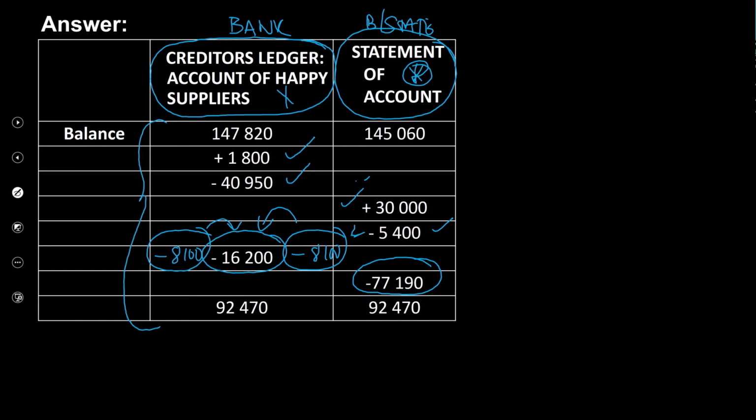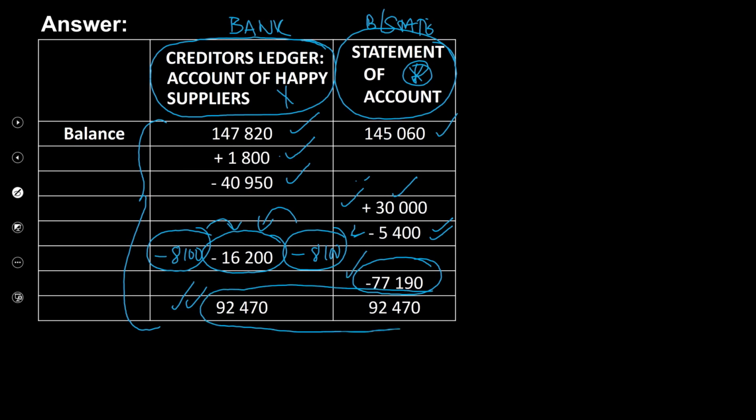So you start off with the 147,820, you add 1,800 minus 4,950 minus 16,200, and what does it give you as a final balance? 92,470. Then you took your statement and you started with 145,060 plus the 30,000 minus the 54 minus 77,190, and voila.